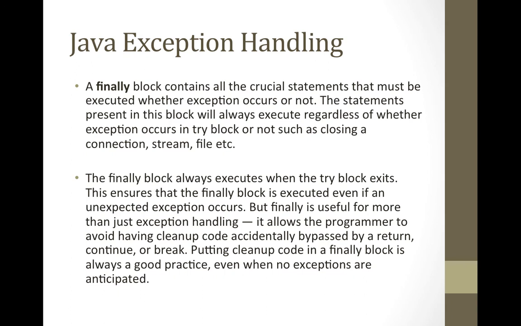Finally block is used when you want to execute a few lines of code no matter if an exception occurs or not, but you really want those lines of code to be executed at any cost, then you put those lines in the finally block.